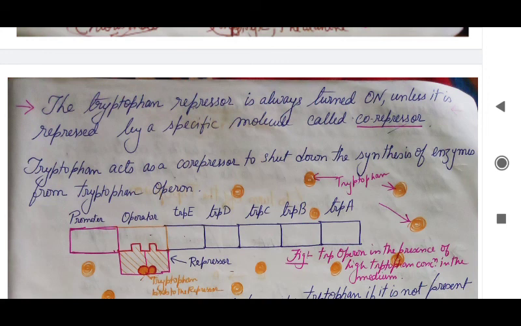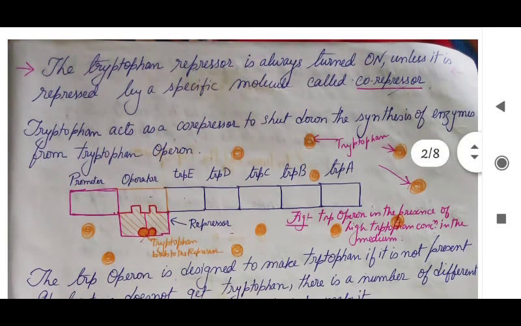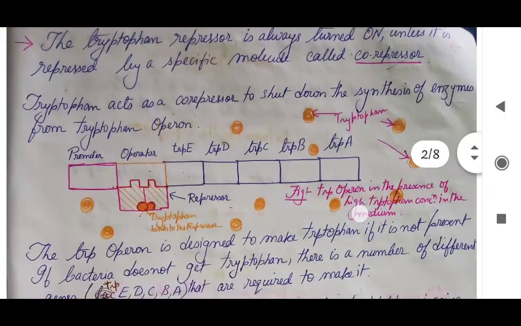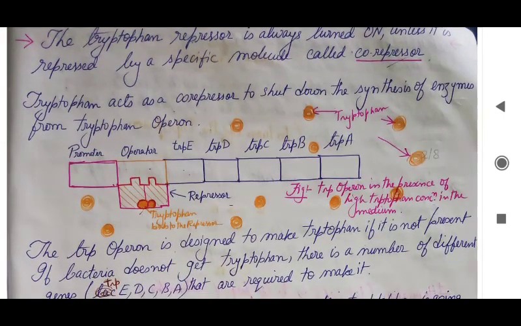Here tryptophan acts as a co-repressor to shut down the synthesis of enzymes needed for tryptophan biosynthesis.